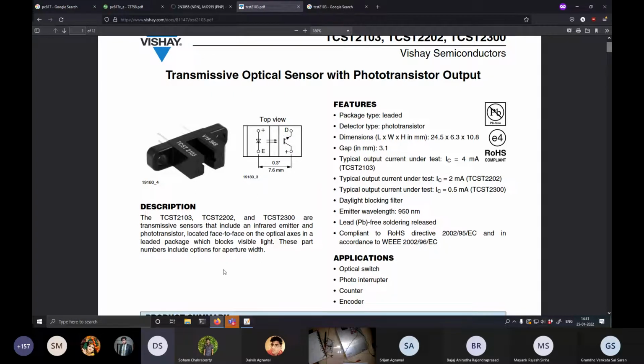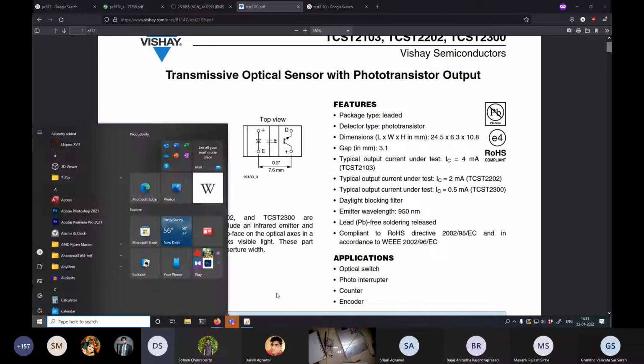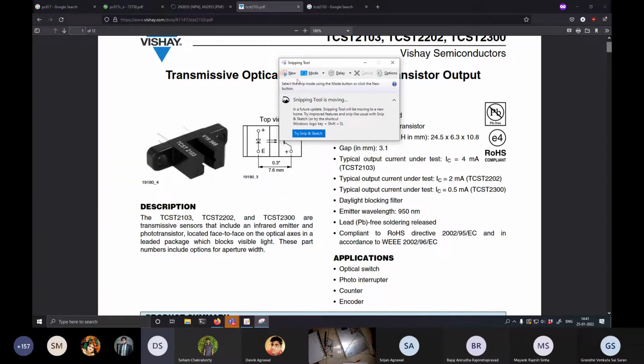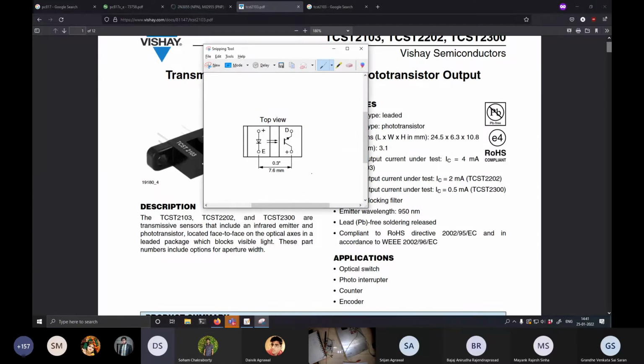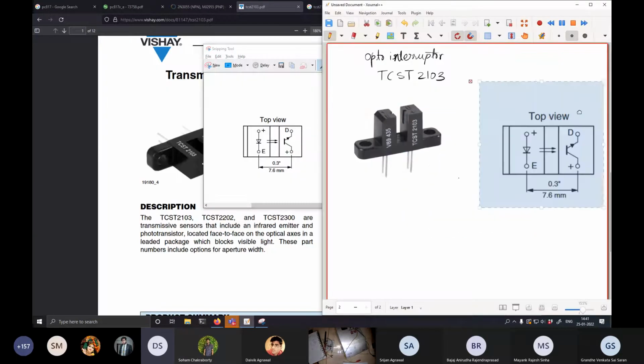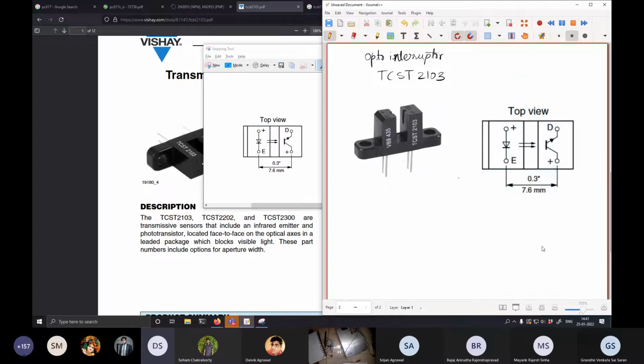Let me just grab this as well. It will be useful to discuss. So this is the plus, this is the E, this is the D, and this is the plus. The plus and E is the LED side, and this is the conducting side, meaning the secondary side.